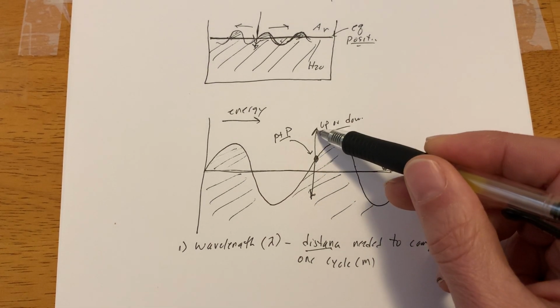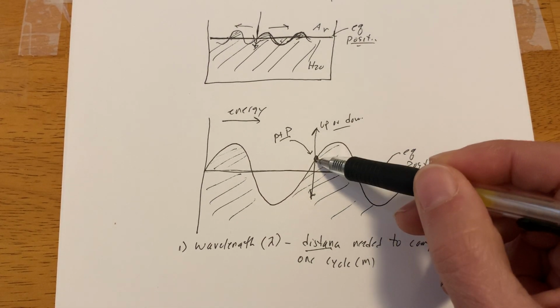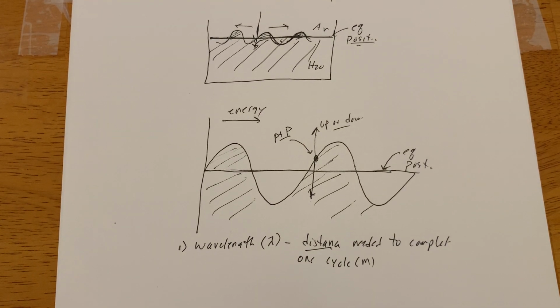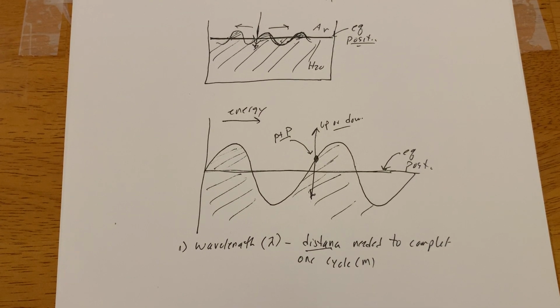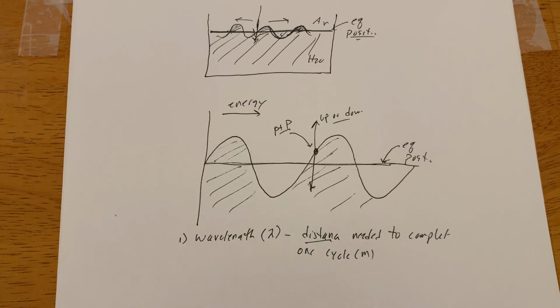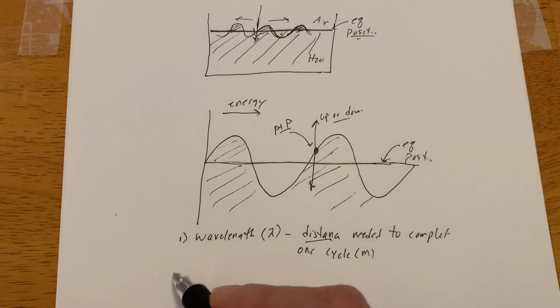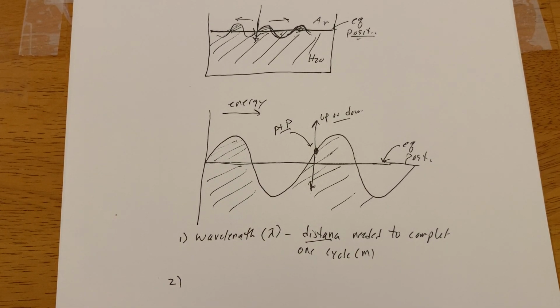So up, all the way down, and back to its original position. So this is what we call a wavelength, meaning the distance needed for this point on the wave to complete one cycle. We'll get into more of that tomorrow or the day after, what a cycle is. Right now I want to do some basics.